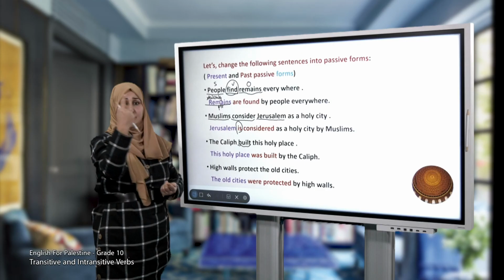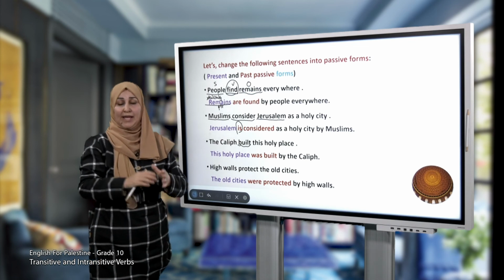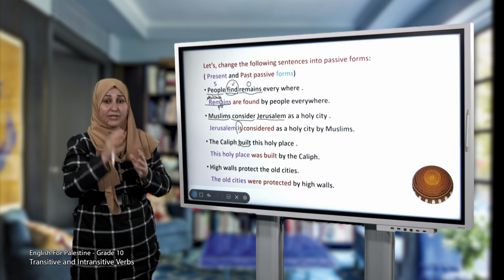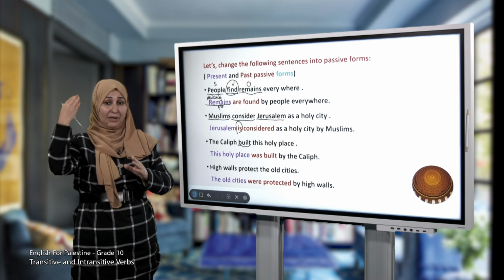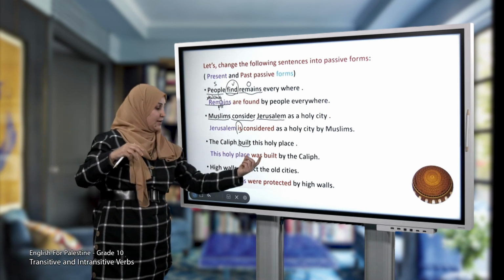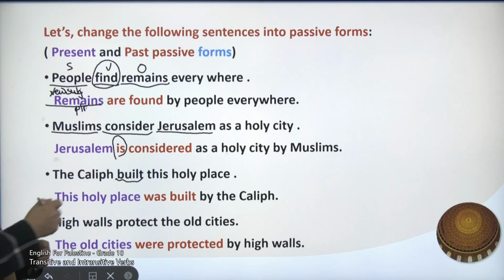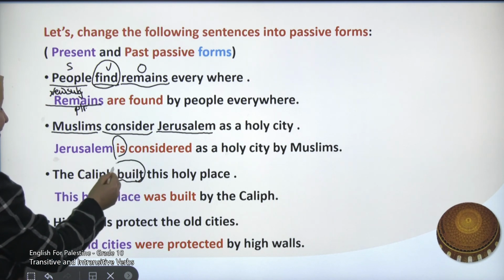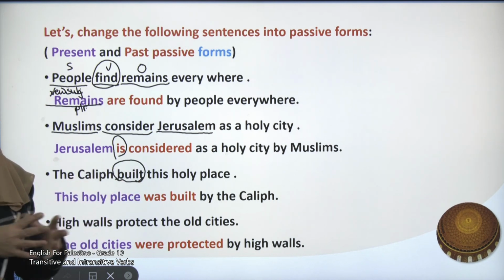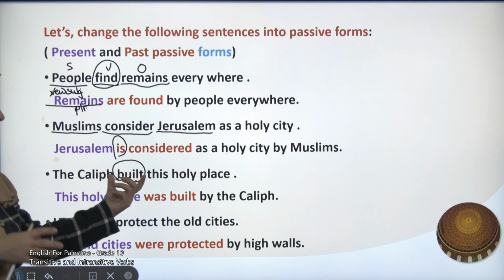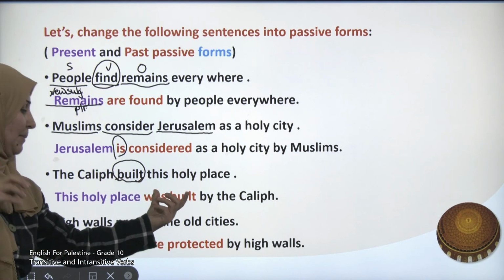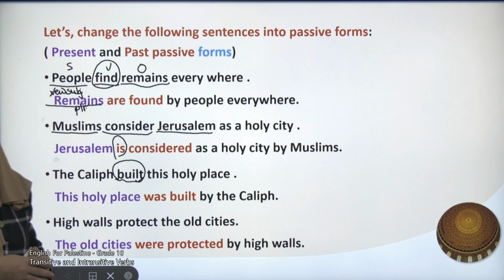The new subject is singular. So if the new subject is singular and the verb is in the past, we bring was. Excellent. The verb 3, or the past participle of built, is still built, by the Caliph.